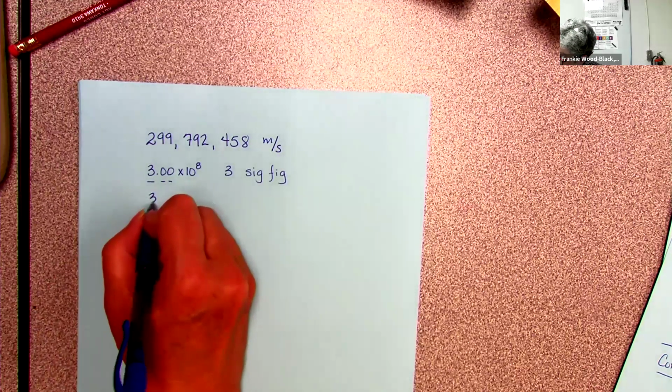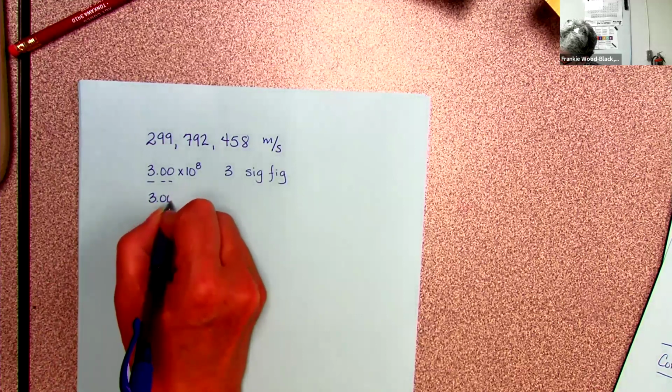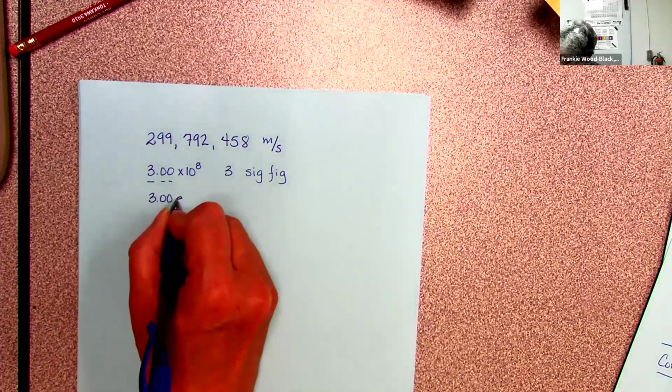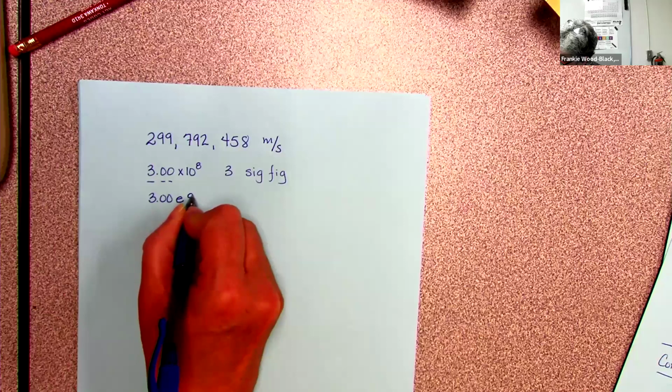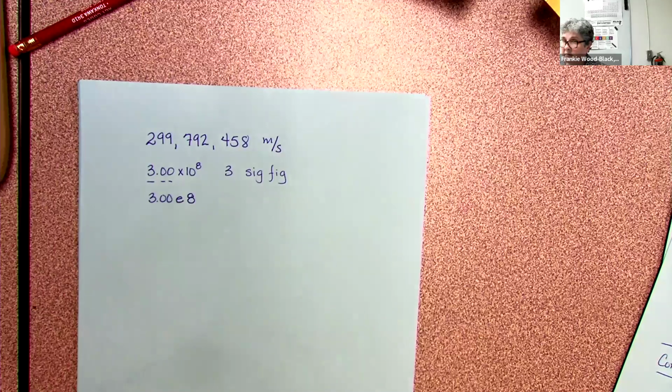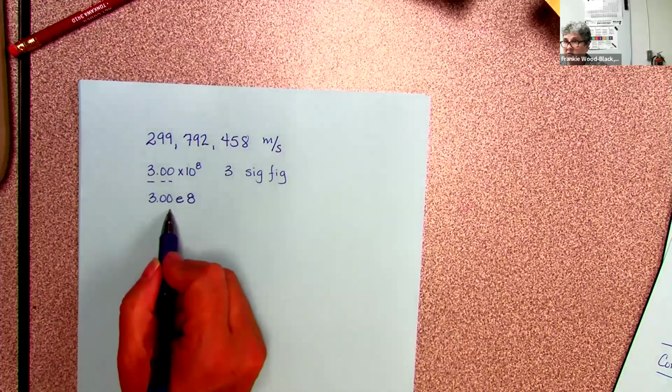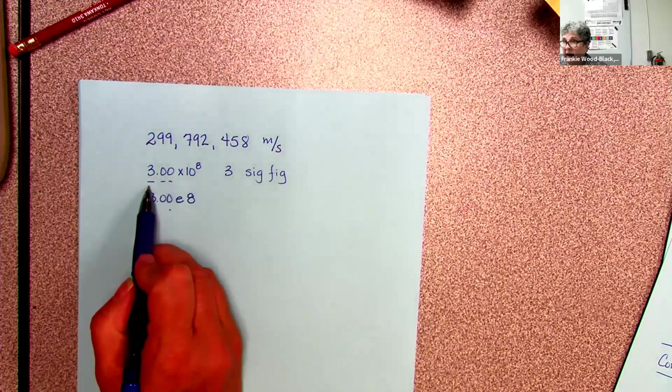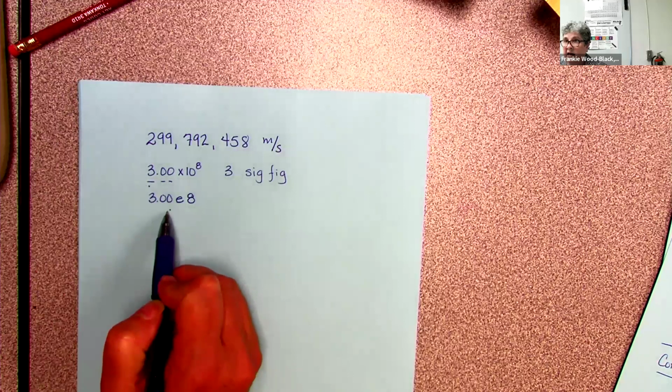what I'm going to write in WebAssign is 3.00, and I'm going to use the letter E to the 8. WebAssign won't like the other form; WebAssign likes this.